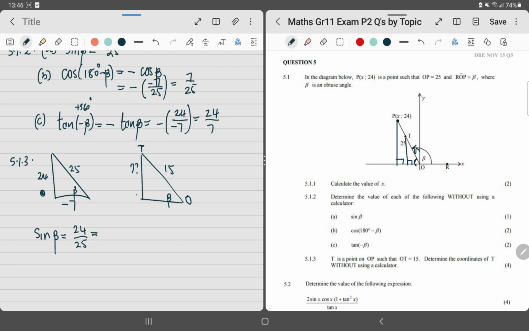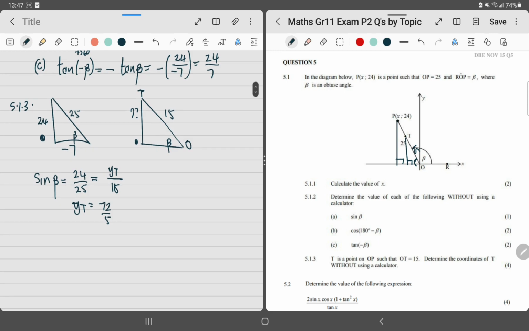And then sine in this triangle will be given by YT divided by 15. So YT should be equal to 24 times 15 all over 25. So I am getting 72 over 5.